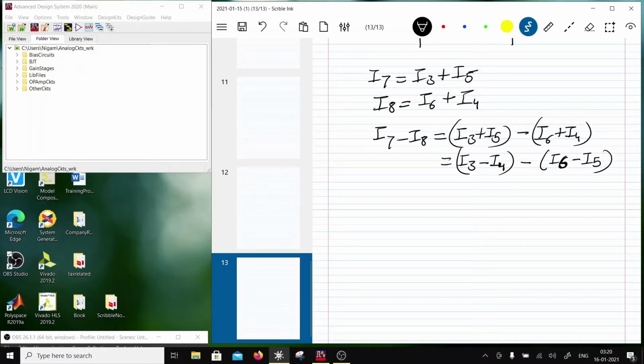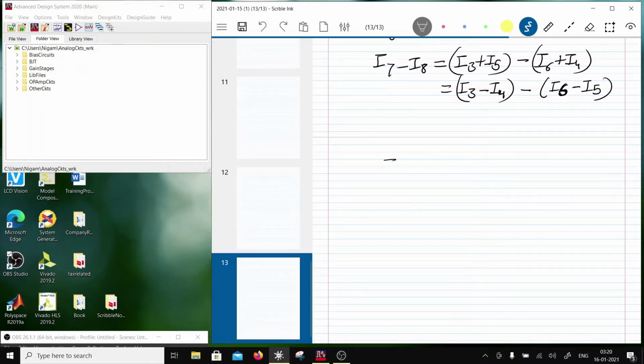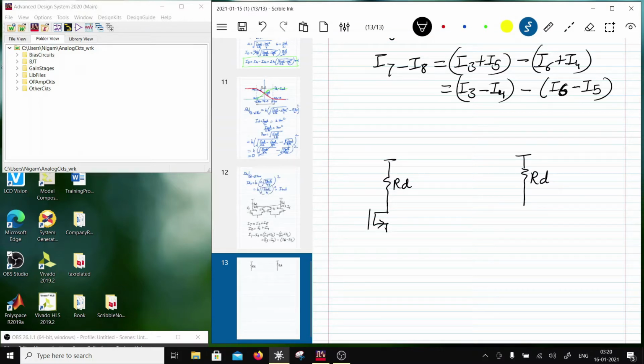Now the whole circuit is like this. I have RD, and here I have RD again, and here I have a translinear cell like this, and here I have another translinear cell like this.